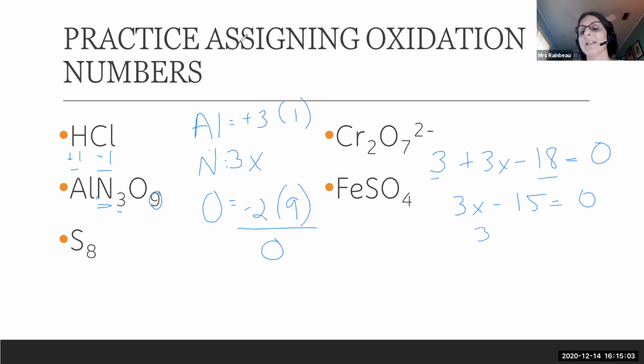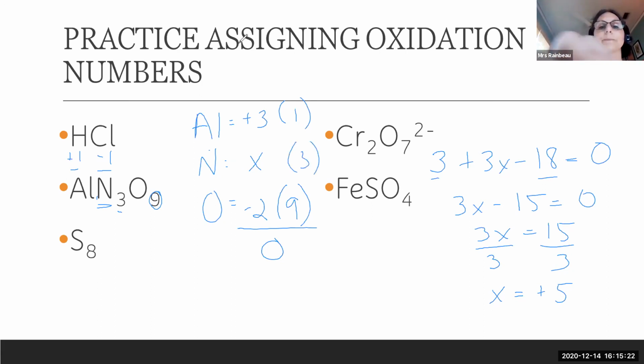I'm going to move the 15 to the other side, and then I divide it by 3, and that tells me that x is plus 5. And so that means that the charge on nitrogen is plus 5. I'm going to be honest with you, it's usually plus 5, just so you know.